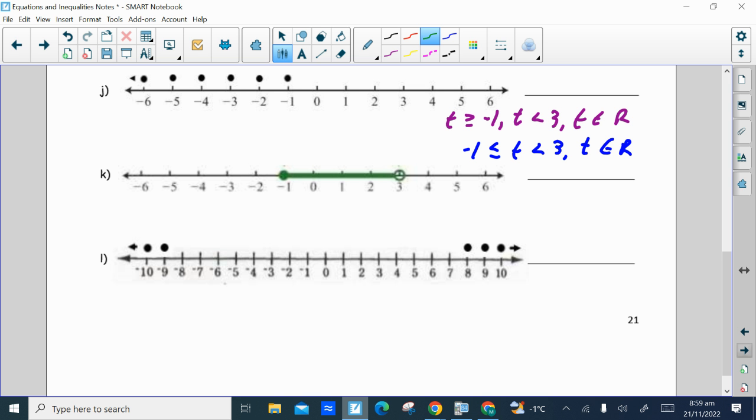And this one's going to have two parts for it. If we just look at the part on the left, where is it starting? And which direction is it going? Left. So you would say that T is, and you can use any variable you want, just don't be like Cain and use Y. Let's use A. A is less than or equal to -9.